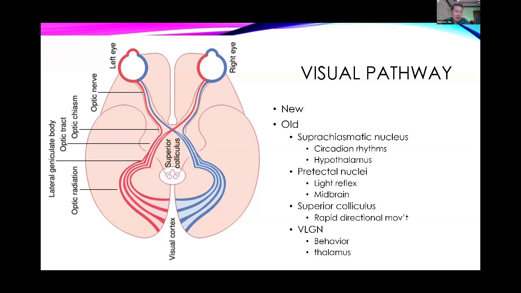They should lock in the target with their vision while they glide down, catch that poor victim. So superior colliculi for locking in of that vision. Fixation. Do not forget.